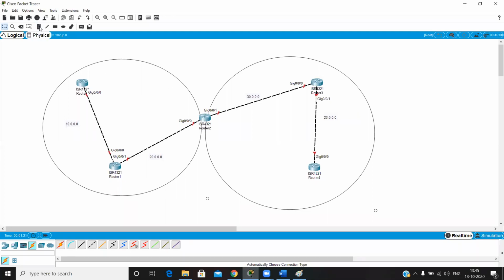This one is our area 0, or we say the backbone area. Area 1 is our standard area. So these two routers are our internal routers, and these two routers are our backbone routers.